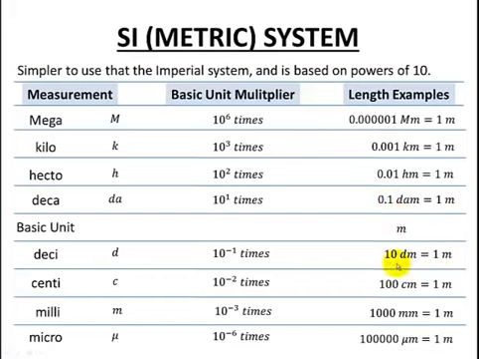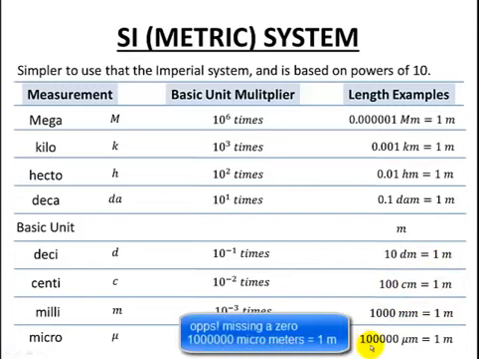And then on the smaller side, there's 10 decimeters in a meter, 100 centimeters in a meter, 1,000 millimeters in a meter, and this should be 1,000,000 micrometers in a meter. So just watch out for that. There's different ways of interpreting these metric prefixes, so you'll have to pick whichever you like. And again, recognize this is not a complete list. You can either find it in a textbook or on the internet or whatever source you like.